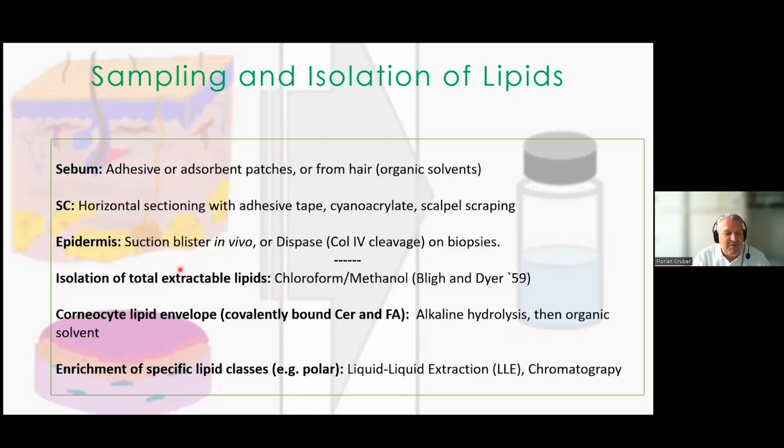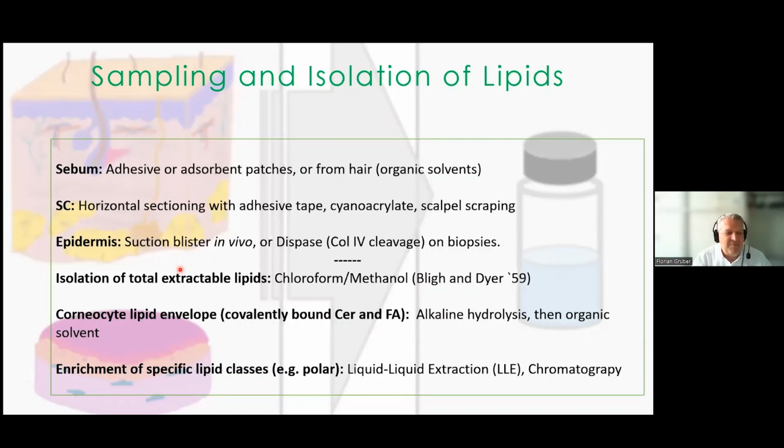Stratum corneum samples, however, are usually obtained by horizontal sequential sectioning using adhesive tapes or super glue, so cyanoacrylate, or simply by physical scraping, for example with a scalpel. Sebum-derived surface lipids can penetrate into the stratum corneum, and this has to be remembered during the analysis.